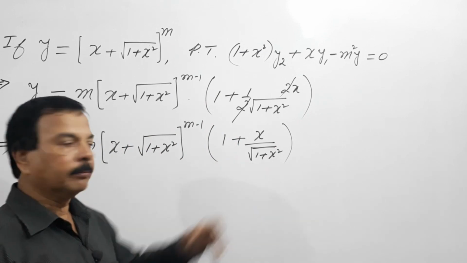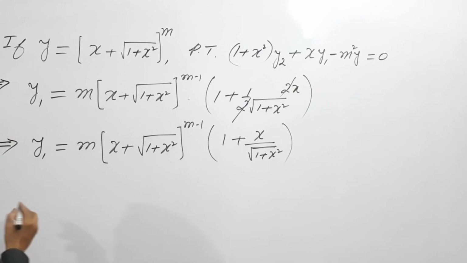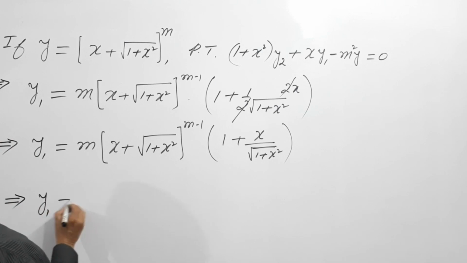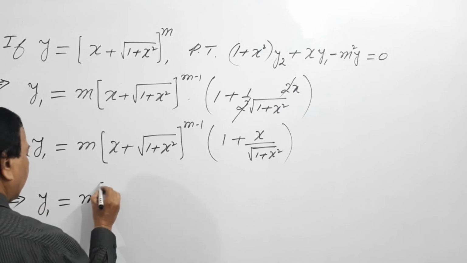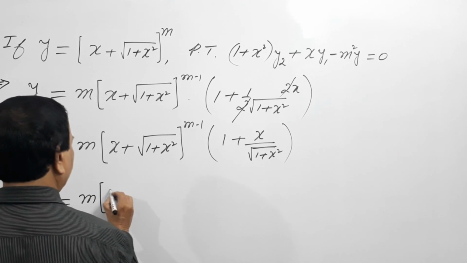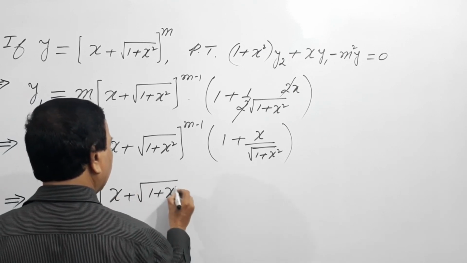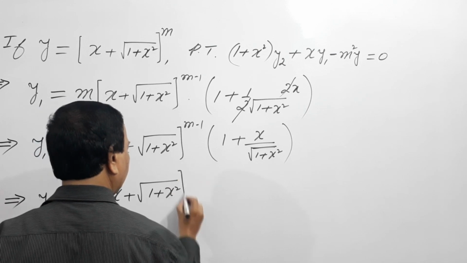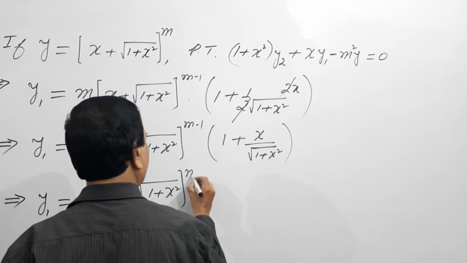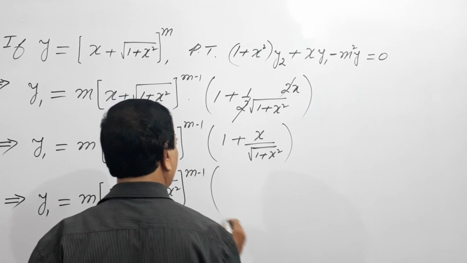What I'll do next step is take the LCM. y1 equals m into (x plus under the root 1 plus x square) to the power of m minus 1.